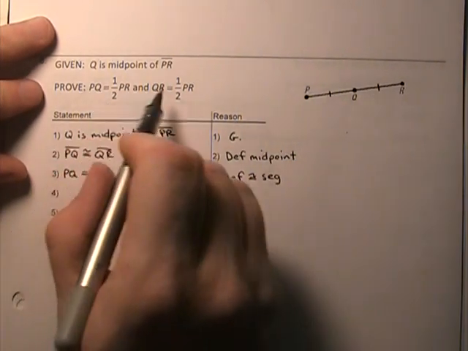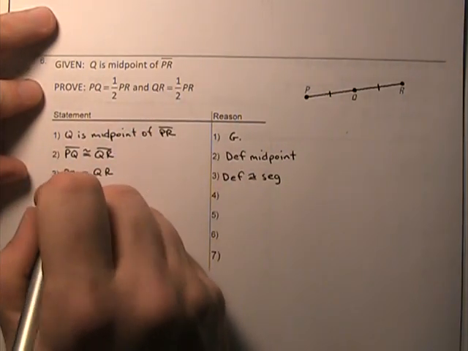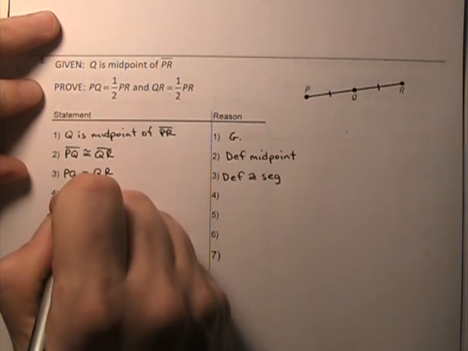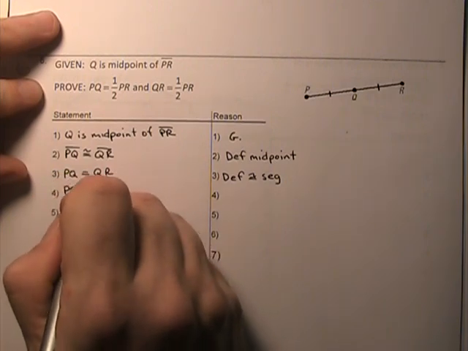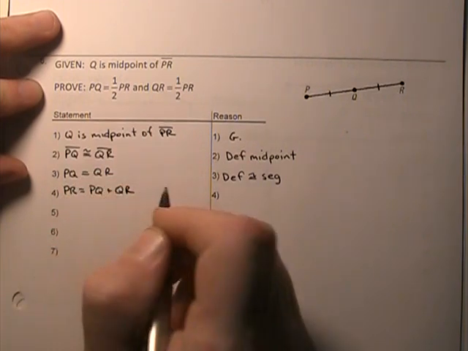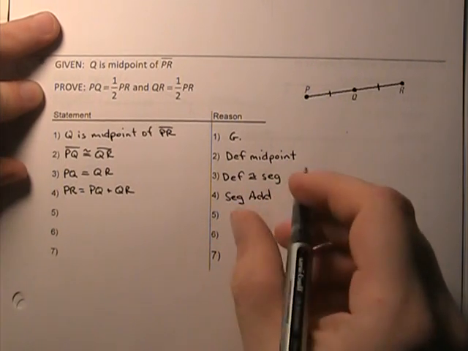Somehow I've got to get some half and everything going here. How about we try the segment addition postulate? Length PR equals length PQ plus length QR. That's just the segment addition postulate.